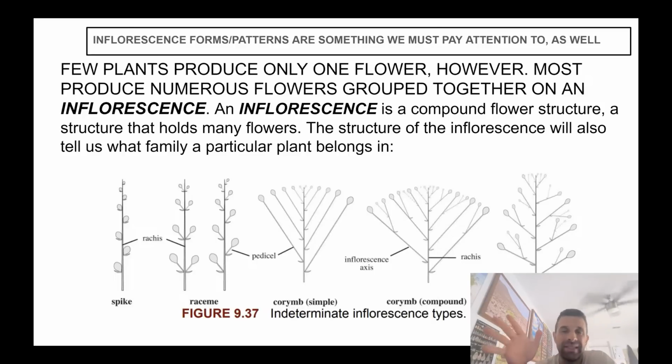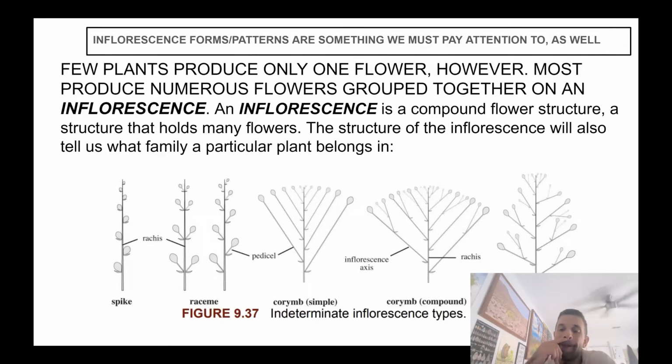Families, of course, I should have mentioned this before, end in ACEAE. It's Latin. Don't worry about pronouncing it. I used to pronounce it ACA. You could pronounce it ACE. But if you see those letters at the end of a word, Asteraceae, Fabaceae, whatever, you know it's a family you're talking about.